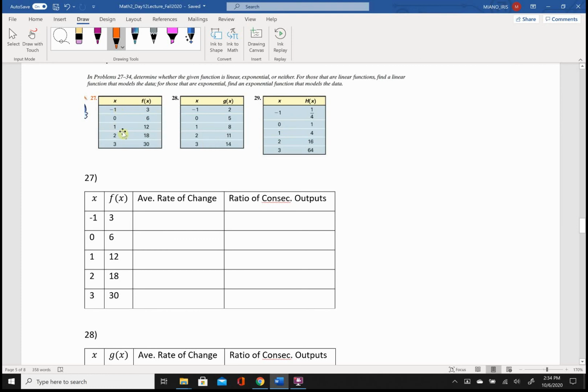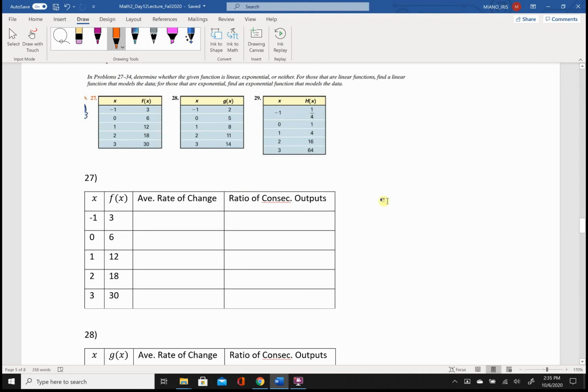The same inputs are posted, -1, 0, 1, 2, and 3, and then different outputs are given for the different functions. So our job is to determine whether the function is linear, exponential, or neither. If it's linear, let's find the linear function that it models, and if it's exponential, find the exponential function. If we determine that it's neither linear nor exponential, there's no further work to be done there.